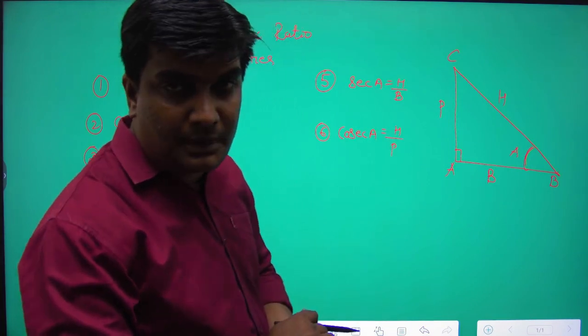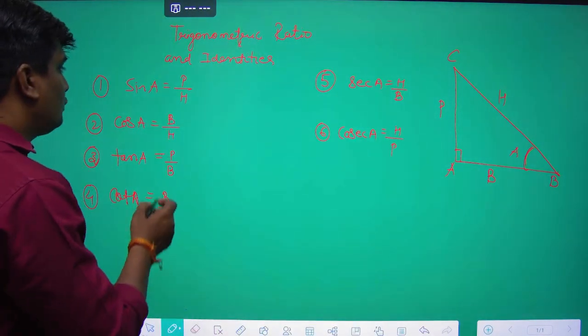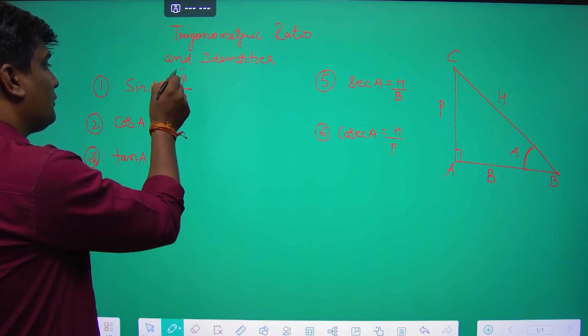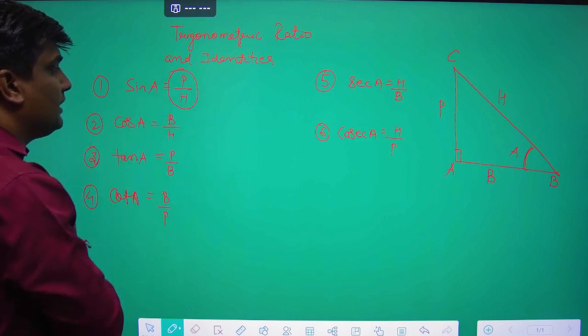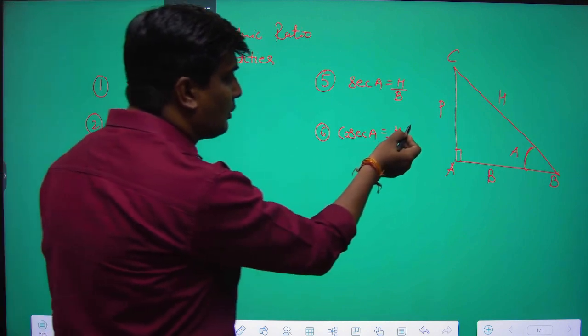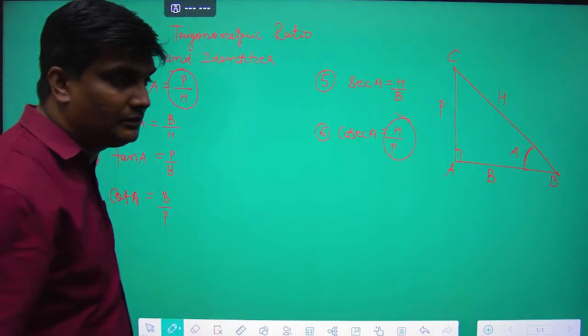hypotenuse upon perpendicular. Now we can say that perpendicular upon hypotenuse is the reciprocal of hypotenuse upon perpendicular.